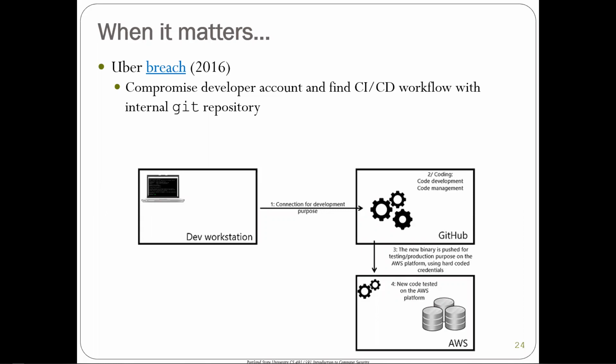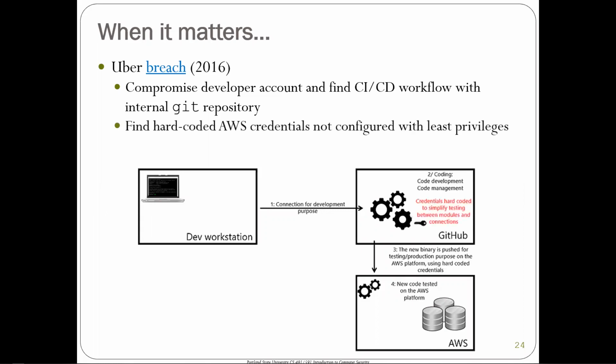But then this was 2016. And so they got a developer account. It's easy to get developer accounts. And then they used the developer account to poke around. And they see that, oh, there is a CI/CD workflow that's really common in most software dev shops. They have this workflow that uses GitHub, that has GitHub Actions to deploy things in AWS. And so they're poking around as a developer, and they see some developer has hard-coded some AWS credentials.